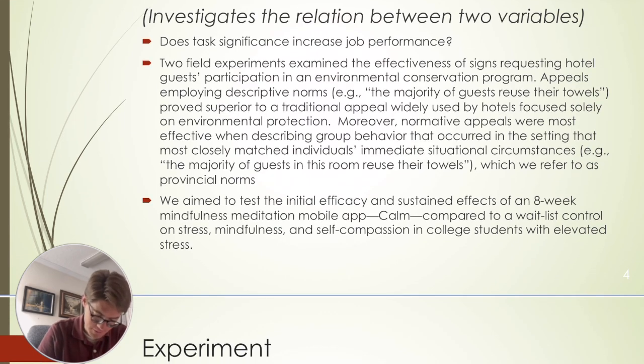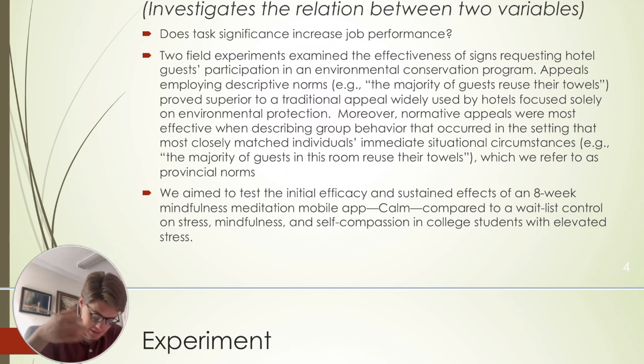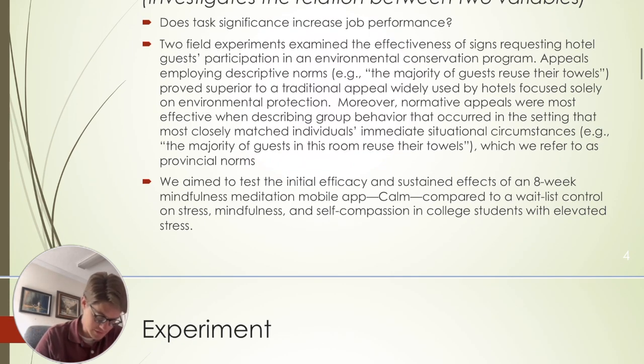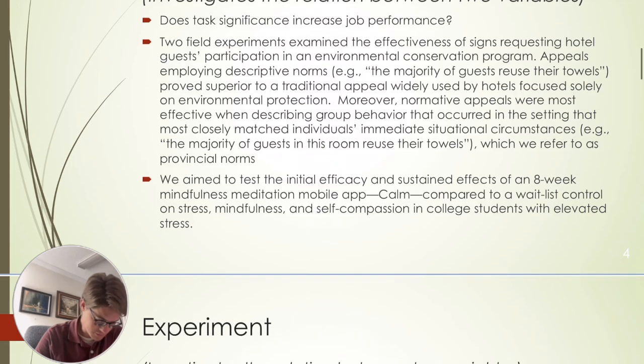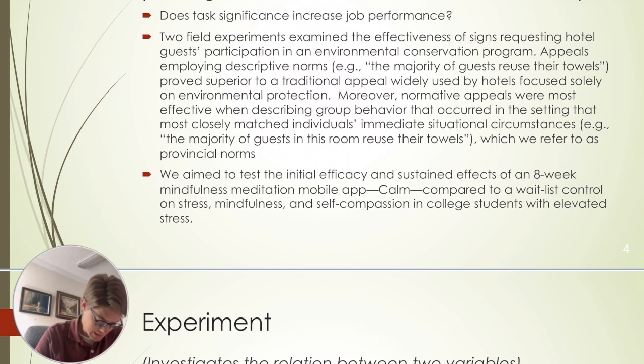Moreover, normative appeals were most effective when describing group behavior that occurred in the setting that most closely matched the individual's immediate situational circumstances. For example, the majority of guests in this room reuse their towels, which we refer to, and they call this provincial norms.